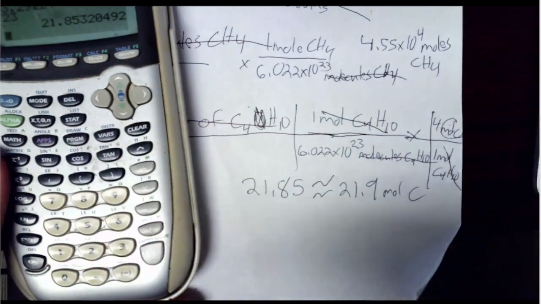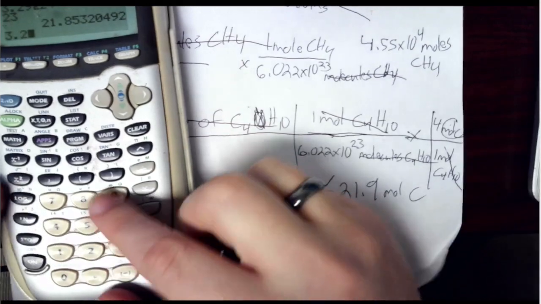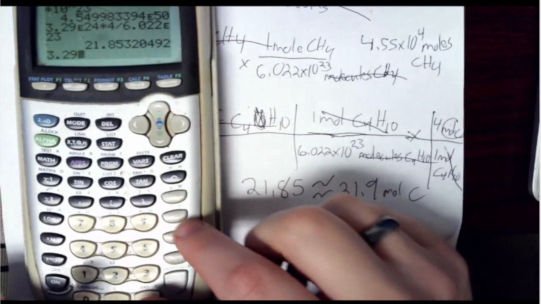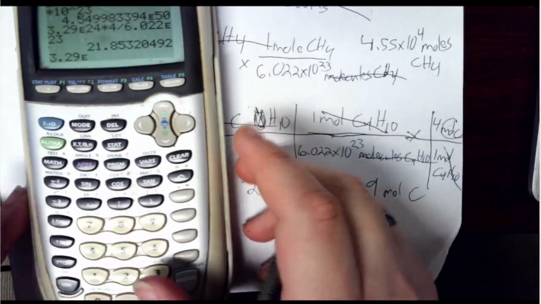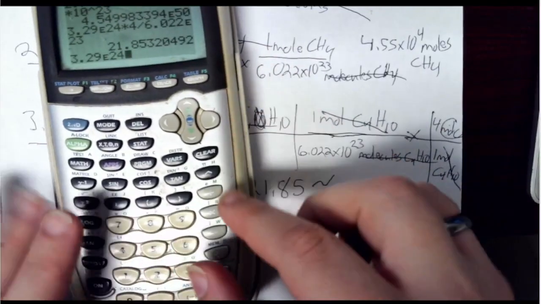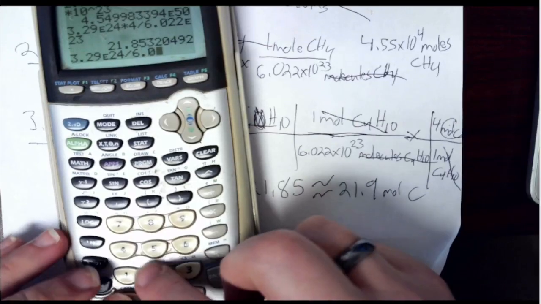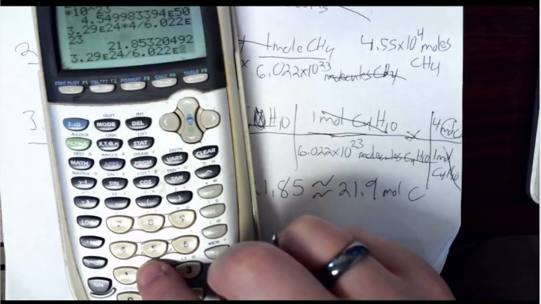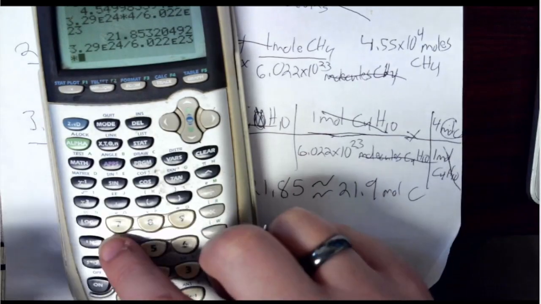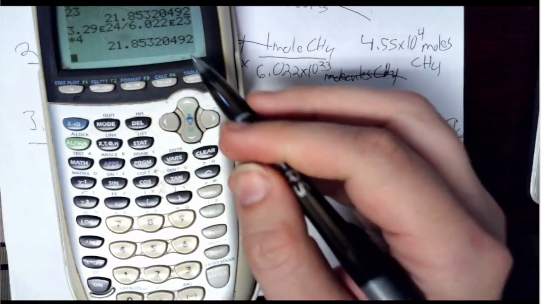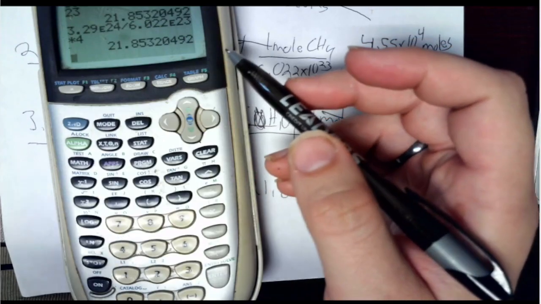If I do it a different way, if I say 3.29 E24 divided by 6022 E23 and then times by 4, still get the same answer.